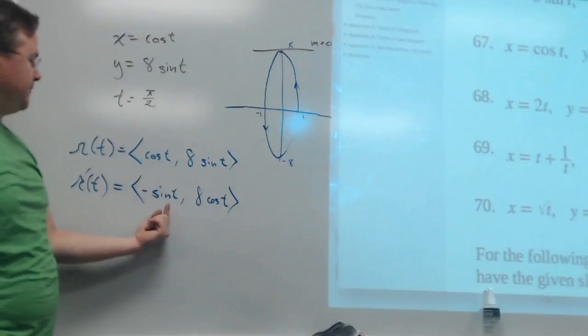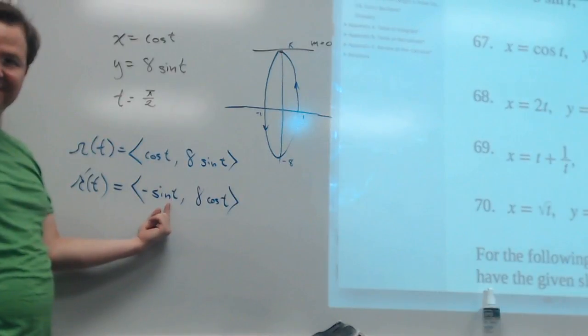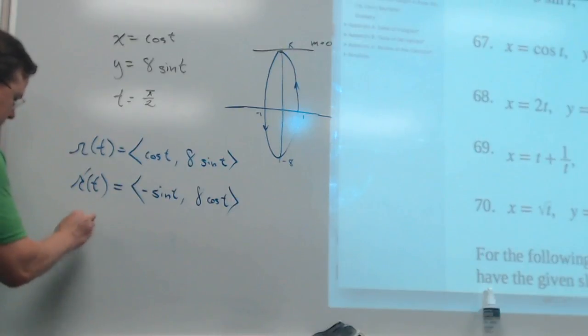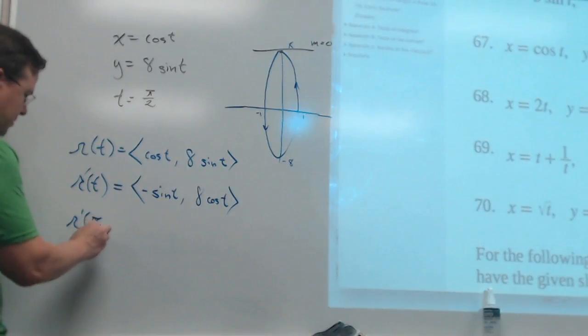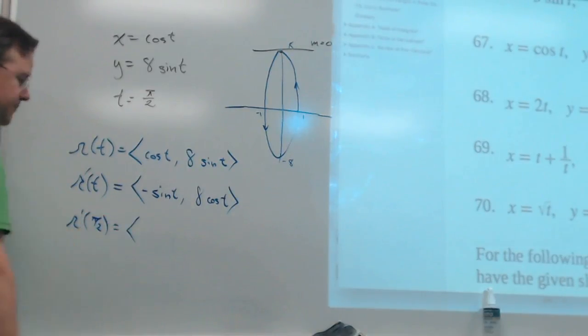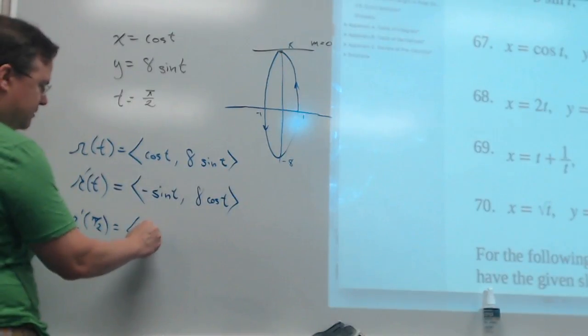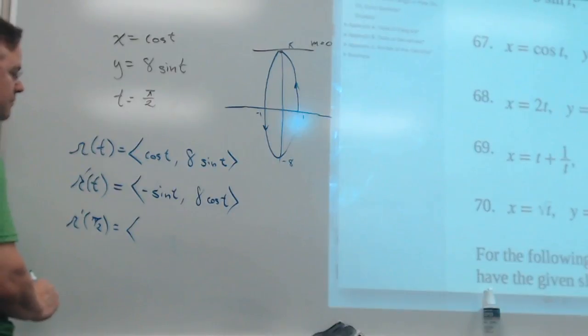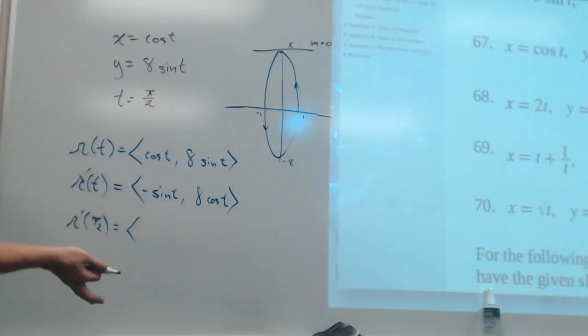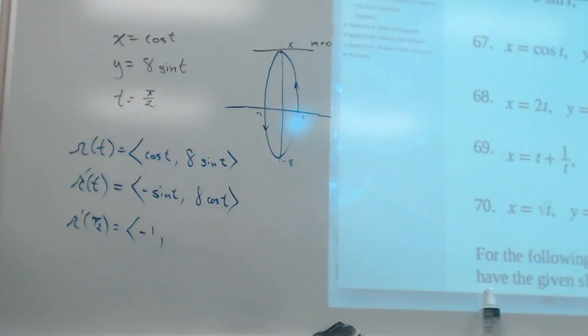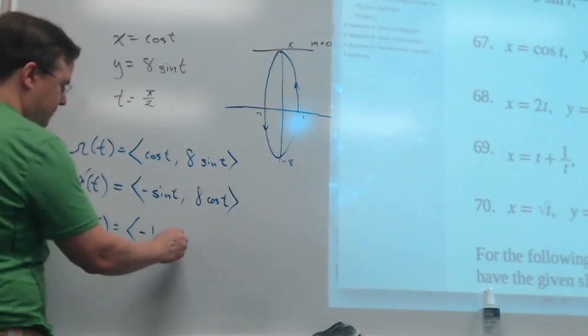Because you see, when I plug in pi over 2 into the derivative, what I get is 0. Yeah, that's a 0, isn't it? No, that's negative 1. We're not plugging in 0, we're plugging in pi over 2. So that's negative 1.